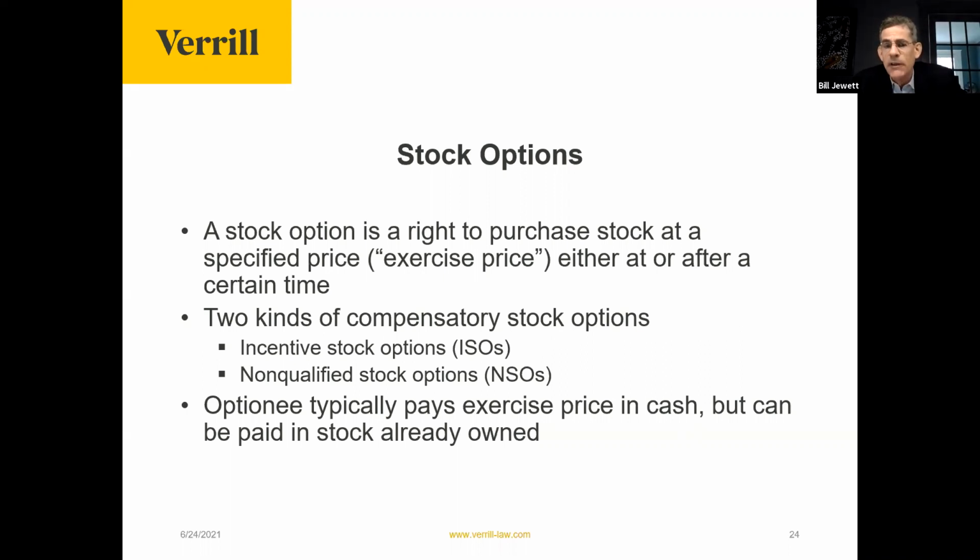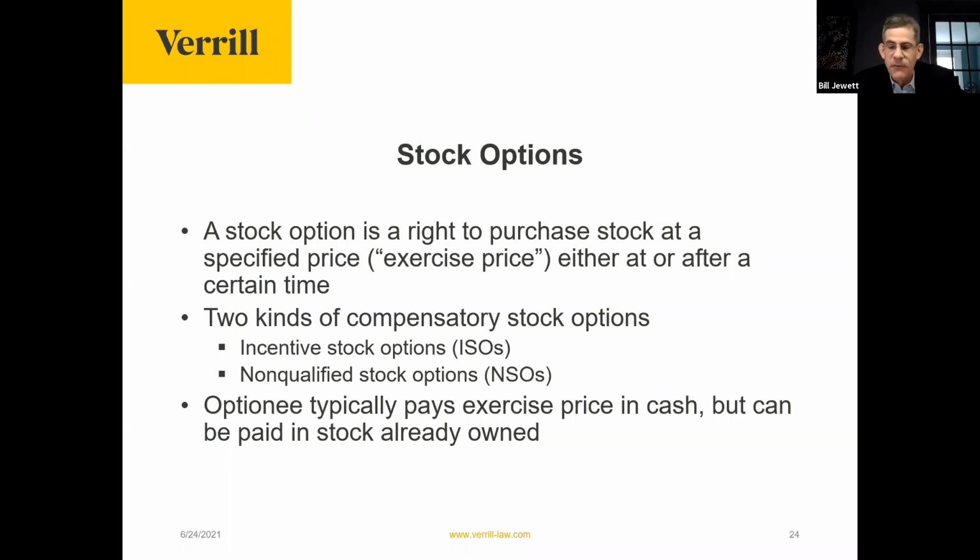The option holder typically pays the exercise price in cash, but the exercise price can also be paid in stock that the employee already owns. It's also possible, but more complicated, to have a so-called cashless exercise or a net exercise, in which case the exercise price is essentially paid by holding back shares that otherwise would be delivered to the option holder when he exercises.